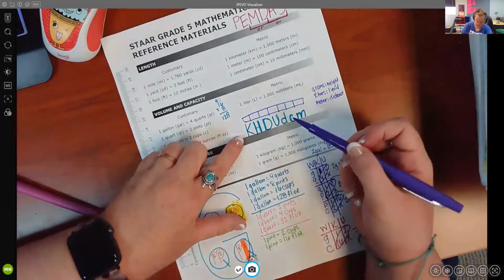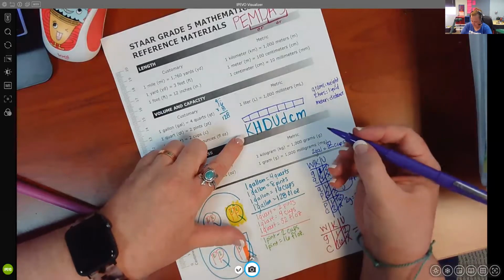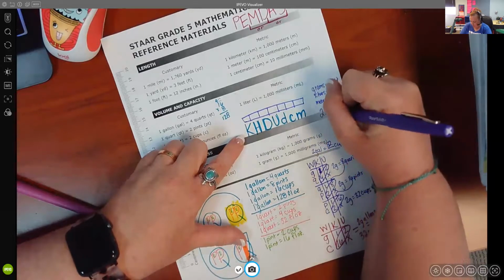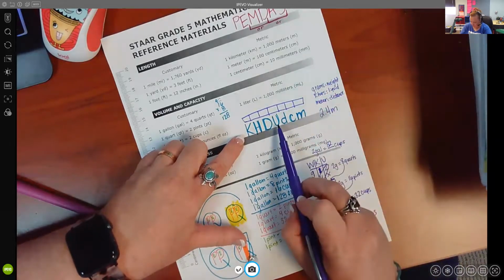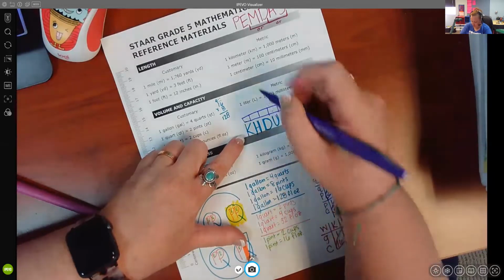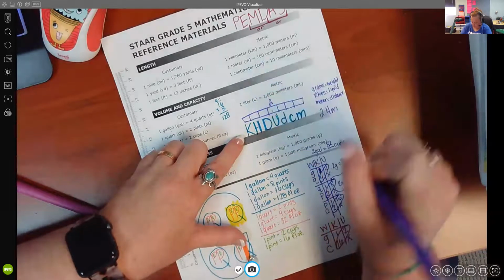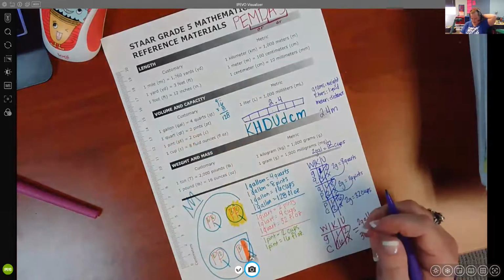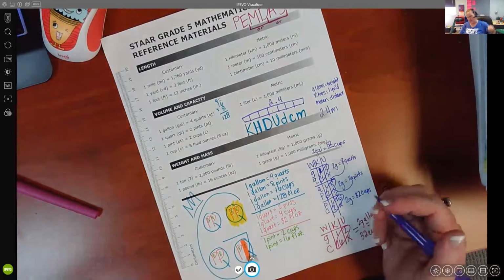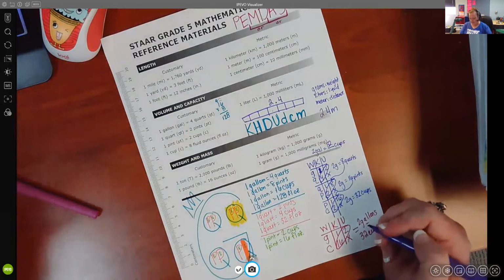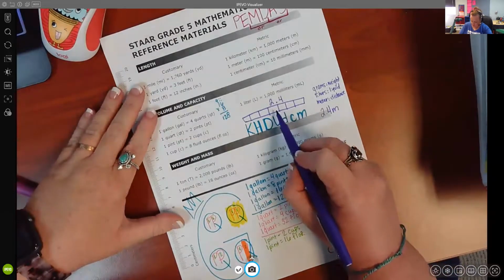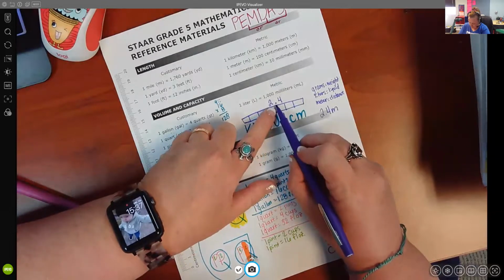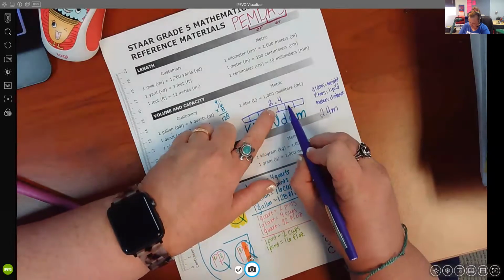So if I had, let's say, 2.4 meters. So here's my meters. So my 2 would go here, 2 whole meters, 0.4, and I want to go to centimeters. So right now it's meters. So I'm going to go to deci and then centi.